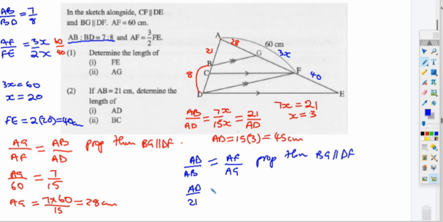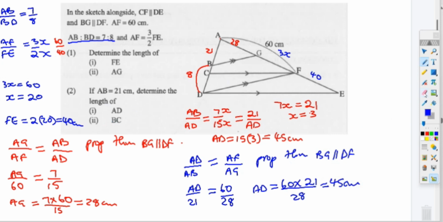AB is 21 there, that is equal to AF, it's 60 centimeters, and then AG we saw that is 28 centimeters. So your AD, take this 21 to the other side. AD is equal to 60 times 21 over 28, and that is equal to 45 centimeters. So this is another way you could have done this same question.